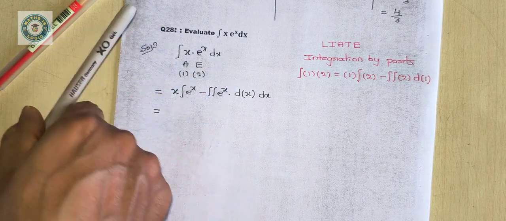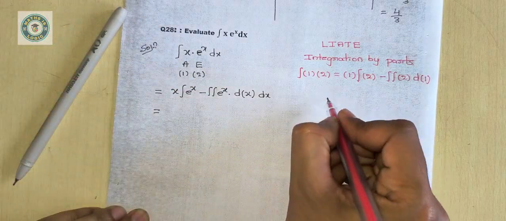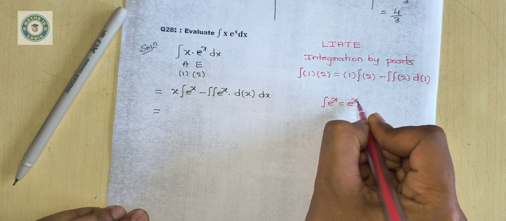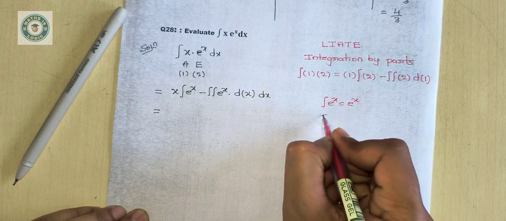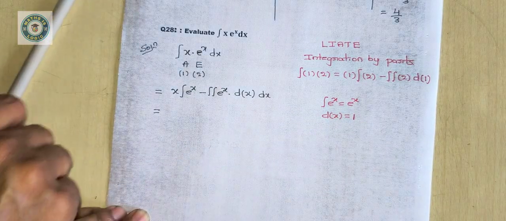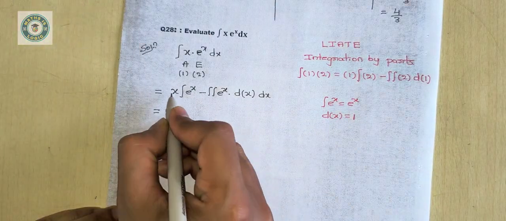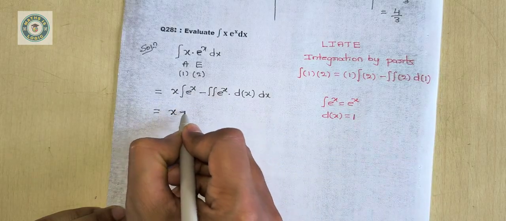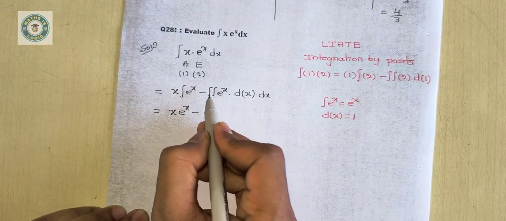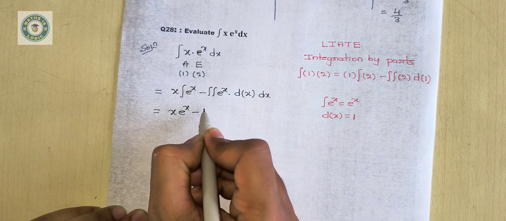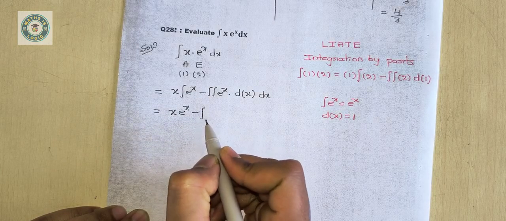So which is equals to, again in integration, the integration of e power x is what here? e power x only. Next differentiation of x, the answer goes to how much here? 1. So now apply. Therefore x as it is, e power x integration is what, e power x, minus, the integration sign is there, that's why first the integration symbol we need to keep as it is.